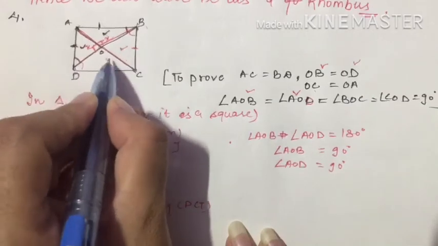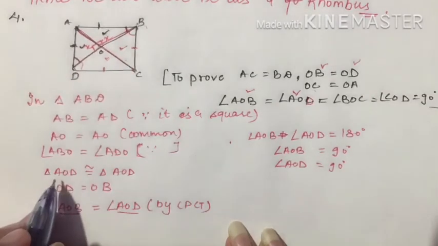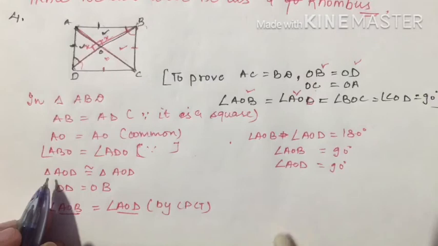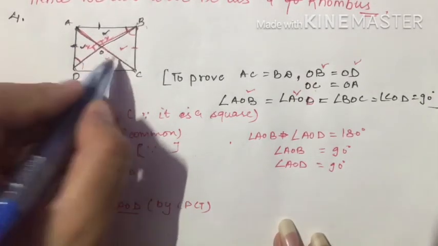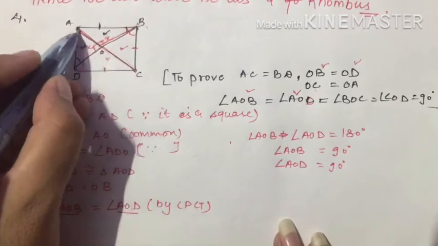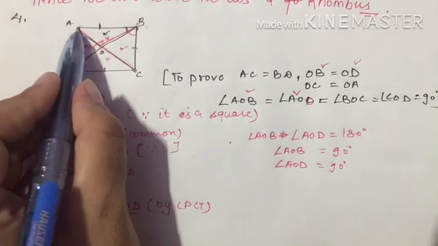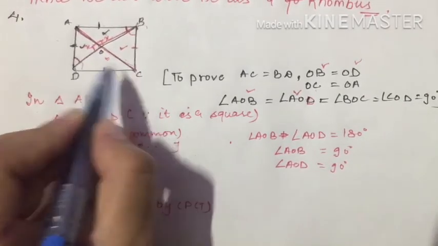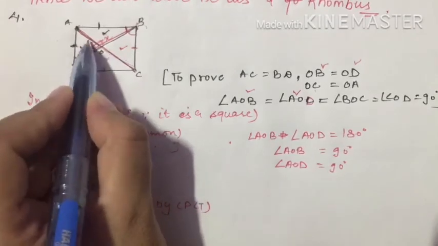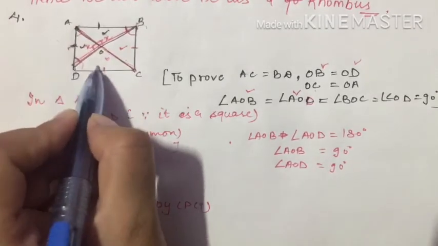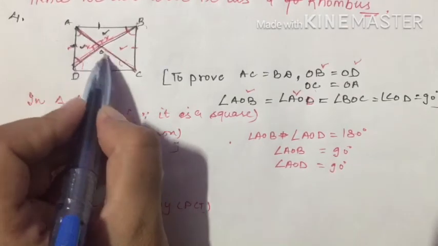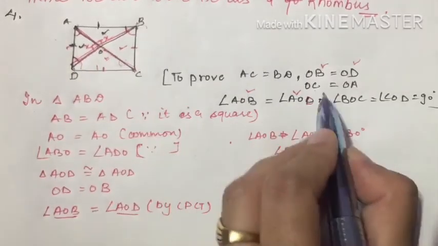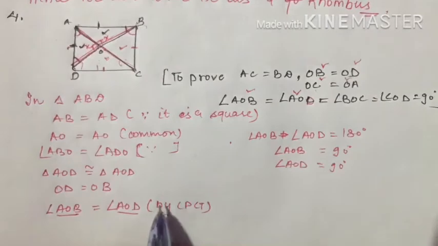That means very easily we can prove that these two triangles are congruent. If these two triangles are congruent, the part OC will be equal to OB. Otherwise, we may take it this way, ADC. This is equal, this is common. Okay, this side is equal to this side. These angles are equal. If I take these two triangles as congruent, my OA will be equal to OC. This will also be proved.